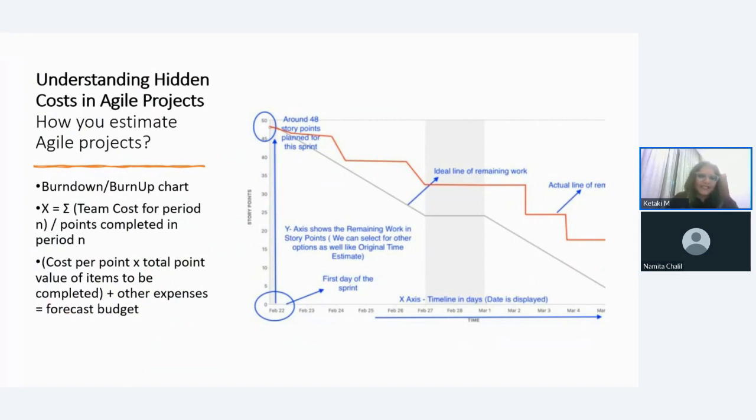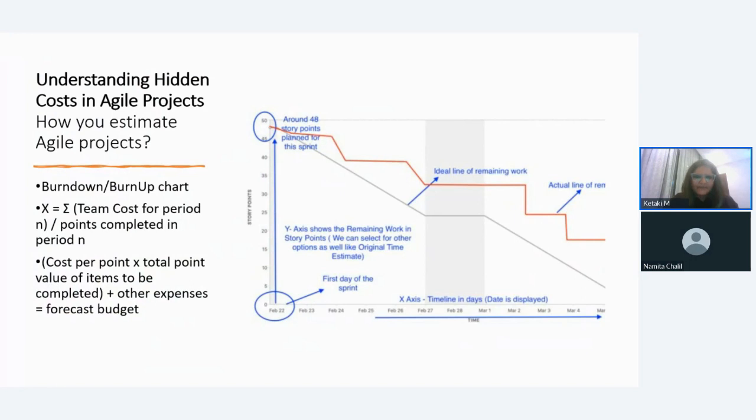And what you could do is estimate what is X. If you can say what is X in the chat, it will be great, but I will define what is X. X is really the cost of the team, the salaries that the employees make for a period of N, divided by points completed in that period N. So it is essentially the measure of how much 1 point is going to be in terms of cost.